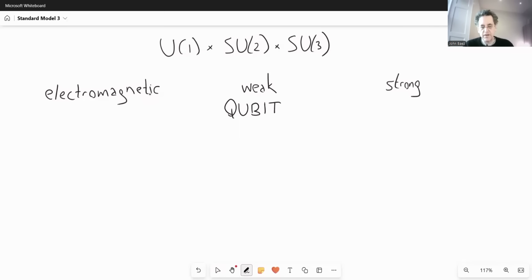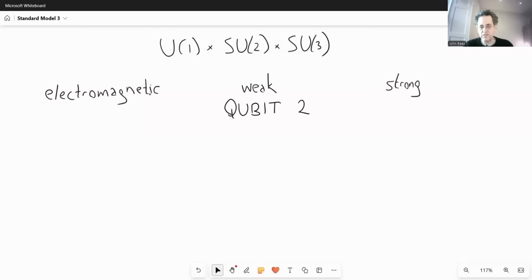What it has in common with a bit is this idea of a binary alternative, a choice between two alternatives. And that two there, the two alternatives, is connected very strongly to this two in SU2. I'm not really going to explain what SU2 is today, but it's about qubits in a certain way.